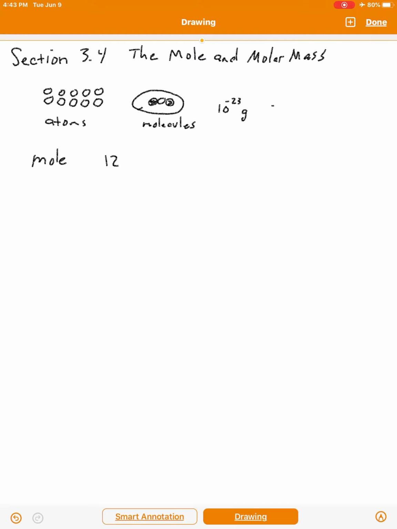12 grams exactly of carbon 12, okay? Now carbon 12 is an isotope of carbon. This is an isotope of carbon that has 6 protons because it's carbon and 6 neutrons. Obviously, it also has 6 electrons.